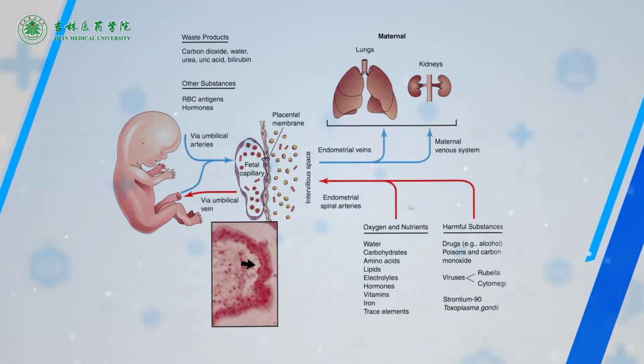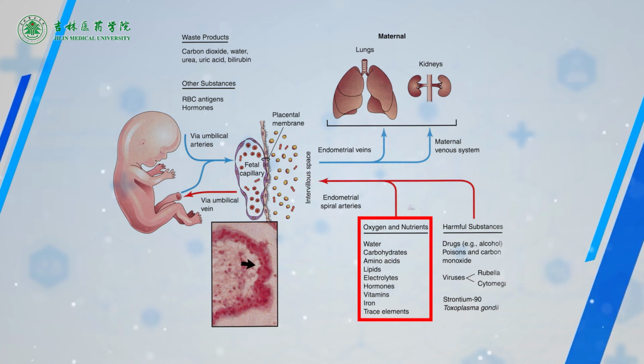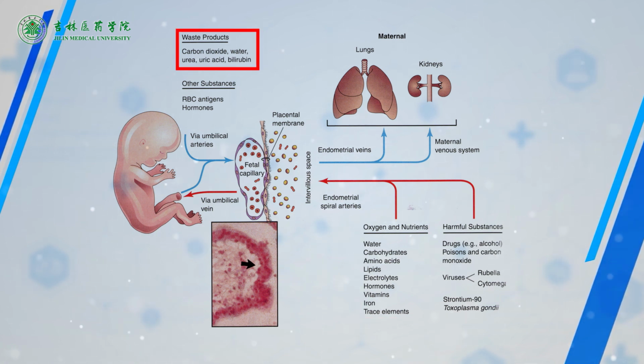The fetus obtains nutrients and oxygen from the maternal blood through the placenta and discharges metabolites and carbon dioxide. Therefore, the placenta has the functions of the small intestine, lung, and kidney.